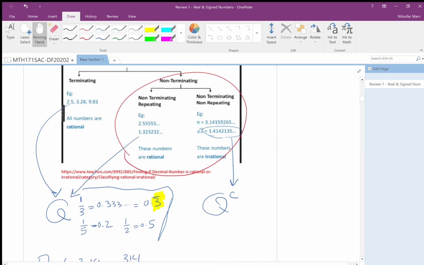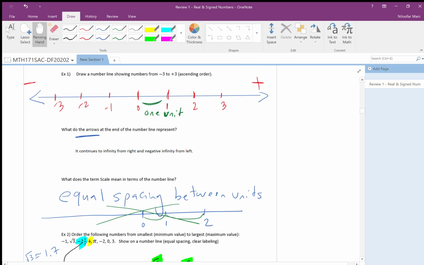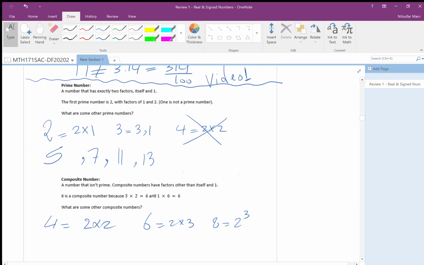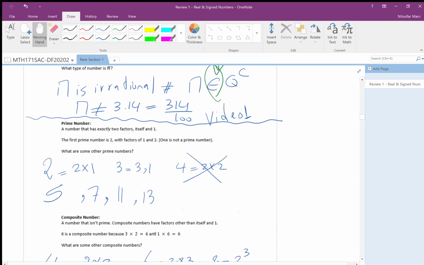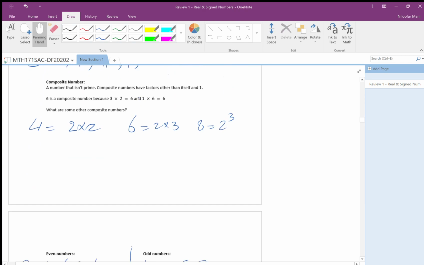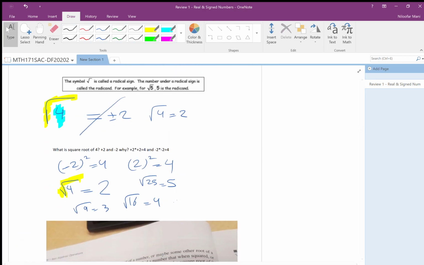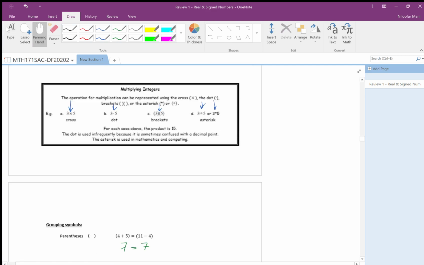Then I talked about number sets, then rational and irrational numbers in terms of decimals, then pi and exact numbers. So prime numbers, composite numbers, even, exact, approximate, all these operations, radicals, and this.